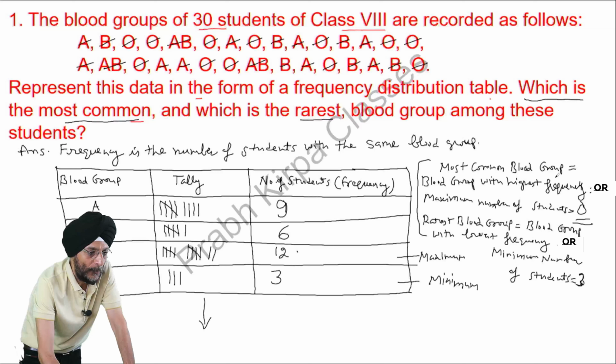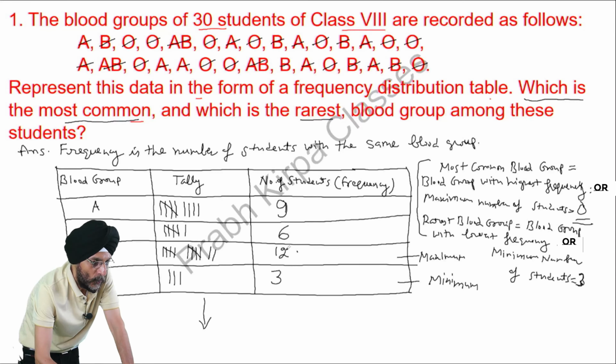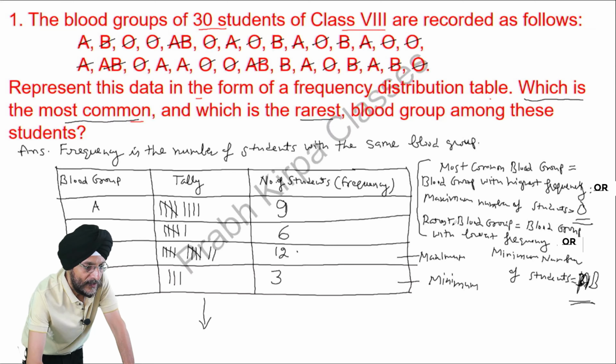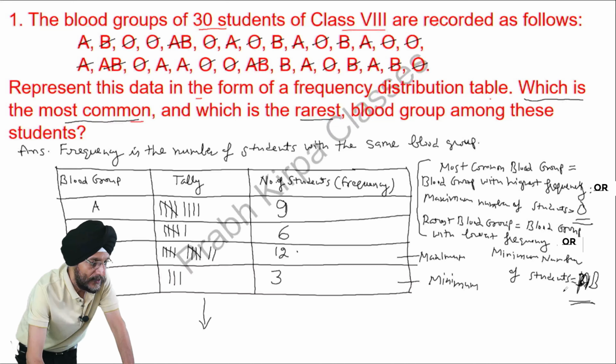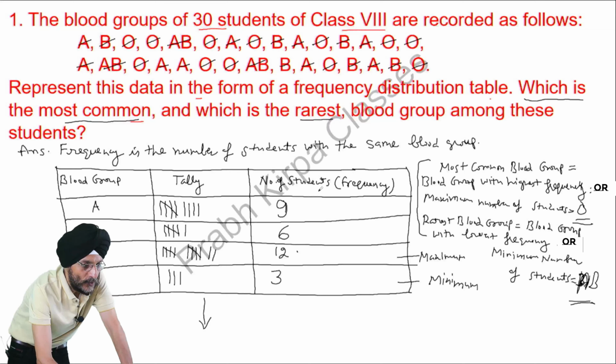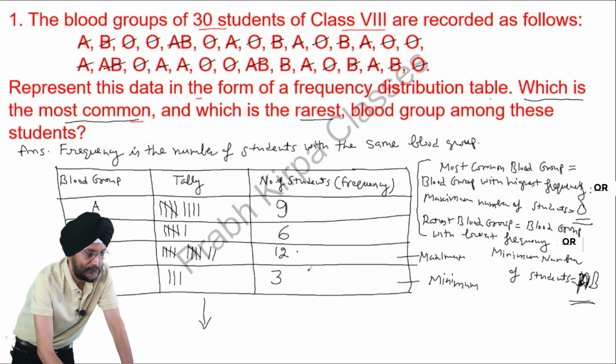So the most common blood group is O and the rarest blood group is AB. Here we have to write not the number of students but the blood group. The rarest blood group is AB, where the number of students is minimum.